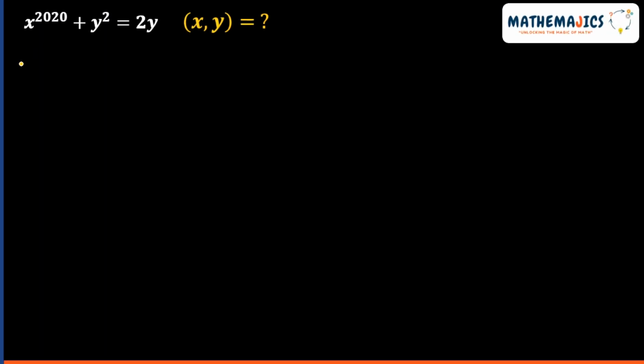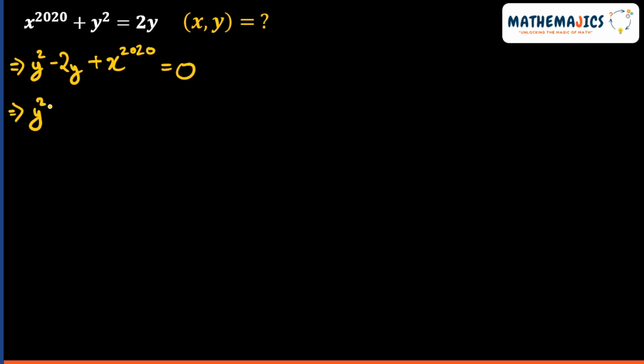Let's rewrite this equation in a different way. We can write it as y square minus 2y plus x raised to power 2020 is equal to 0. Now, let's do one more thing. Let's add and subtract 1 on the left side of the equation.